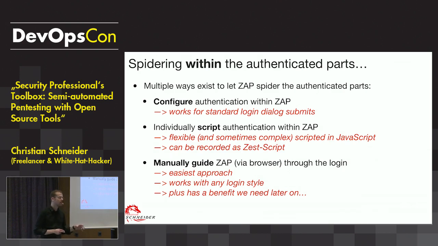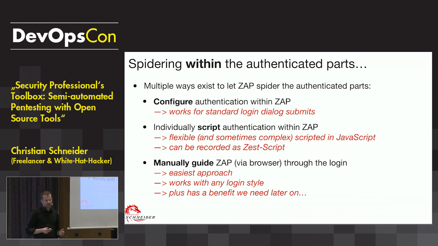So it's very configurable, and you can configure the type of authentication, the username, password credentials to use. It's maintaining session state and knows how to handle the cookie stuff. That's quite fine. And for the not so default authentication types, you can also script that individually. That might be a little bit complex.